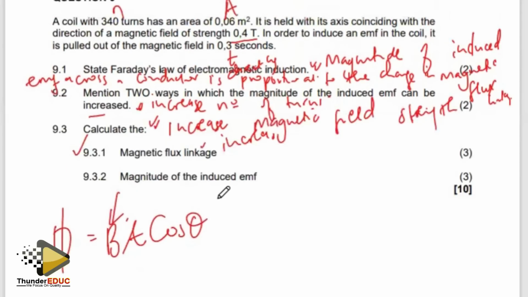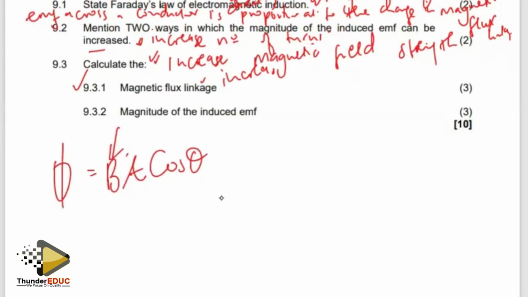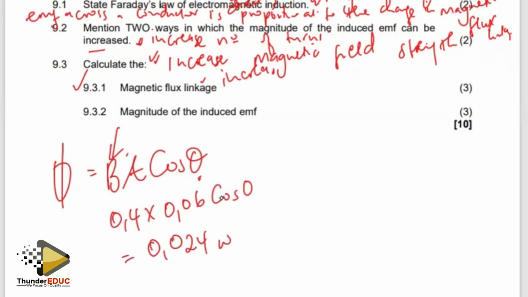Now, for us to get the maximum induced EMF, theta must be 0. So our B was 0,4, the area was 0,06 times the cos of 0. Now the cos of 0 must be 1, so 0,4 times 0,06 gives me 0,024. So we know that magnetic flux is measured in Weber.